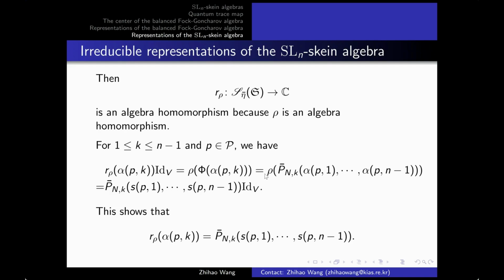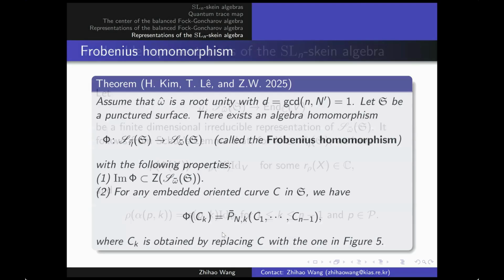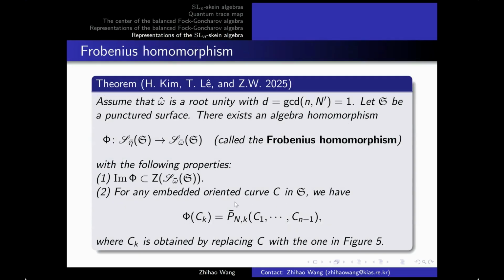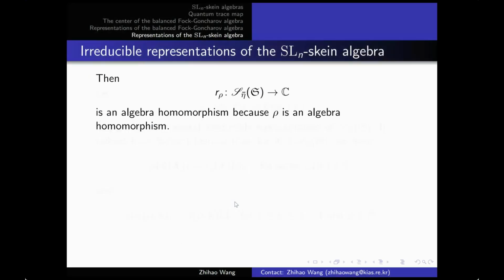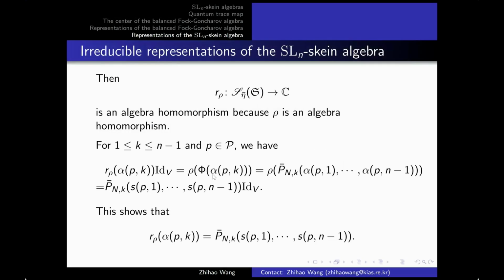And here, this comes from this property of the Frobenius map. The Frobenius map maps alpha pk to be this. Because rho is an algebra homomorphism, you can just move rho inside of this polynomial. So then, because rho maps alpha pk to SPK times identity, we have this.